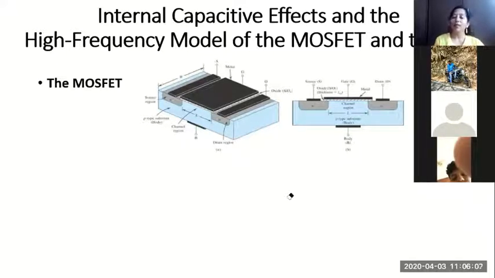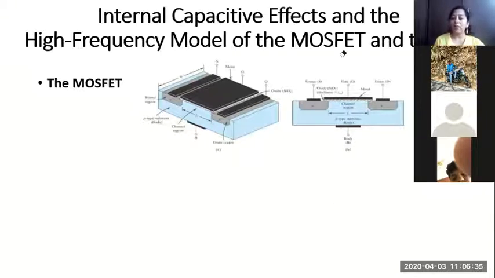So the output also has to respond as fast as the input changing, and that is the biggest problem, because the capacitances will not allow the device to respond so quickly. So all these capacitances will come into effect, or they have to be considered for high frequency operation. So at low and mid frequencies, we need not worry about these device capacitances or the internal capacitances.